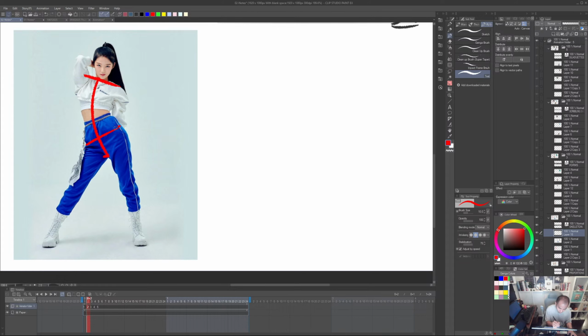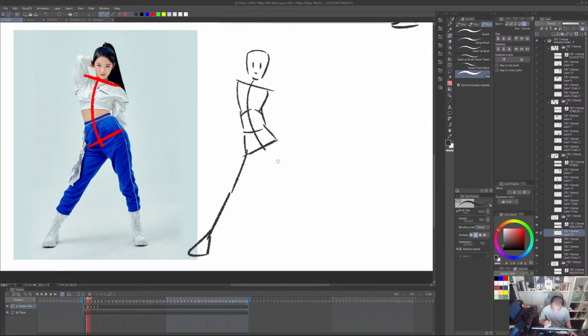Shoulder tilt is here, hip tilt is there, maybe the crotch area is right there, and then we can just do that. Obviously, she's hiding her hand somewhere there. We can see it.